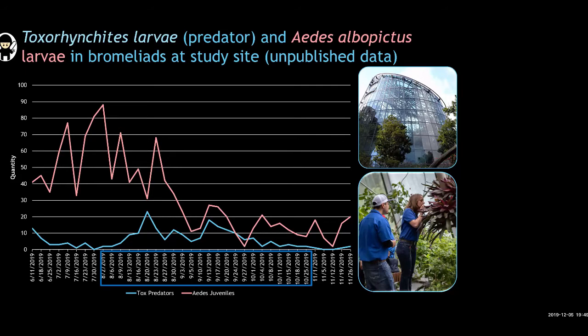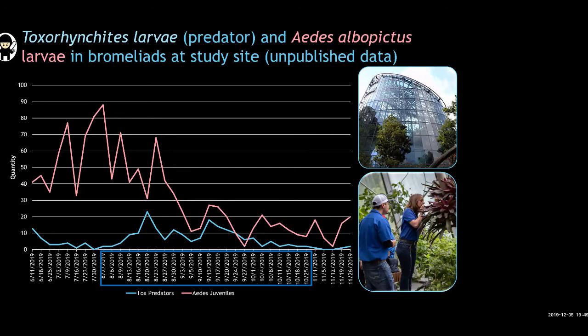The dark blue highlighted area of the dates in the bottom axis actually shows you the release dates where we released adult Toxorhynchites, and then the progeny was found in the bromeliads. So we did not put larvae into the containers. The adult Toxorhynchites laid the eggs into those containers.